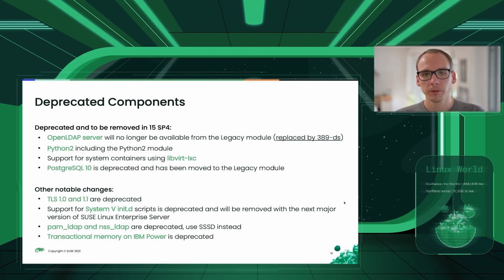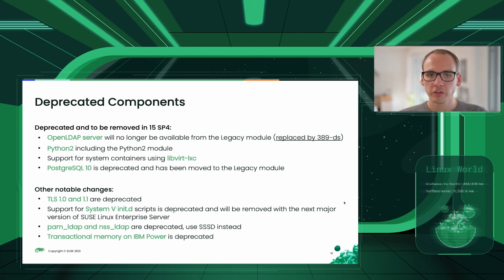In 15 SP4, we are going to remove Python 2, including the Python 2 module. And we are also deprecating the support for system containers using libvirt LXC. As already mentioned, PostgreSQL 10 has been replaced as a default in 15 SP3, and with 15 SP4, it will also be removed from the legacy module.